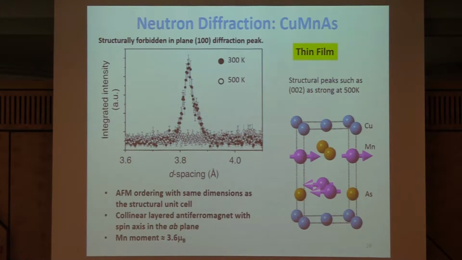Copper manganese arsenide, here having to work up to significantly higher temperatures, which is not easy. This is all done at ISIS. And this is this structurally forbidden peak, and it's clearly present at 300K, it's absent at 500K, so the Néel temperature is somewhere between that.